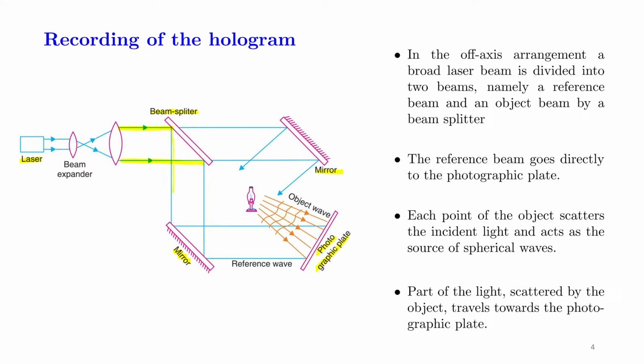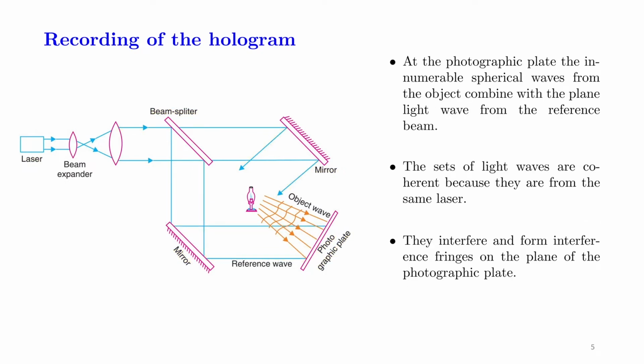Part of the laser beam goes to one of the mirrors as shown here, and this wave that is incident on the photographic plate is known as the reference wave. The other part goes to a mirror and then it illuminates the object. The beam that is scattered by the object also falls onto the photographic plate.